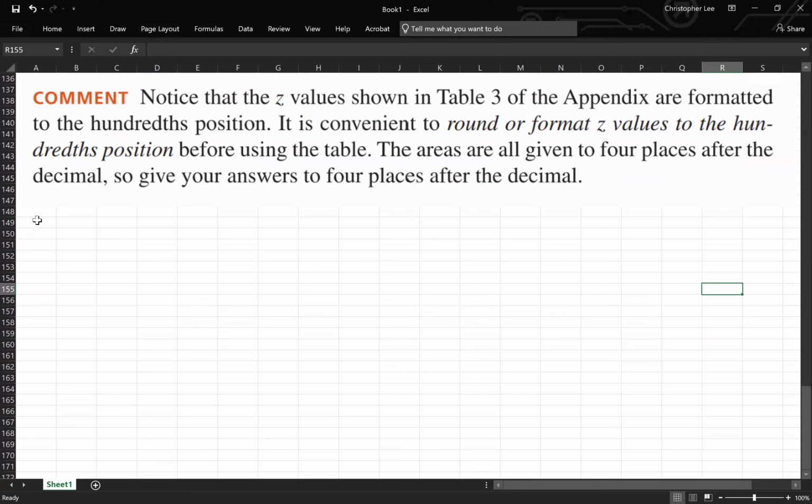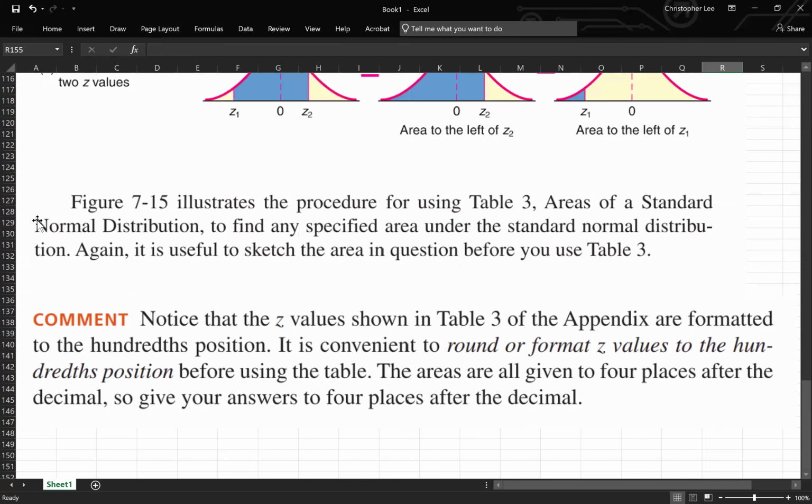So when I need two Z's for the area, it becomes Z2. Z1 is just area to the left or just area to the right. But when you have two Z's, you have Z1 and Z2, and in between is the area I'm looking for.